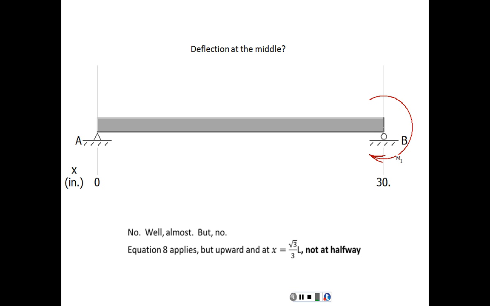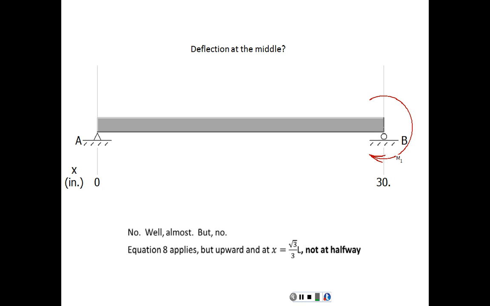Is there a question or a comment out there somewhere? On the paper, it's got L times 1 minus root 3 over 2, at x equals. Is it because we're at the other end?